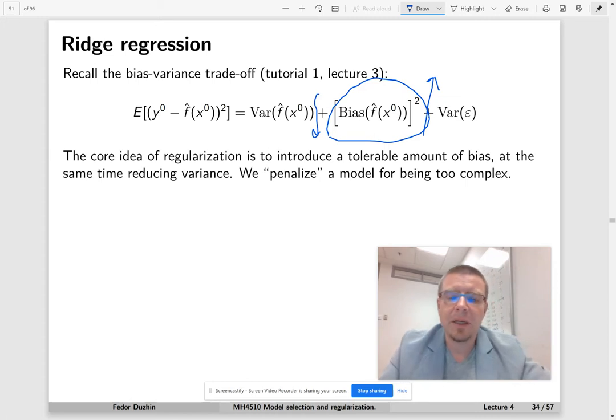So basically, if we have a model that is too complex and too flexible, we penalize it for being too complex. And by penalizing it, we consciously increase the bias, but reduce the variance.